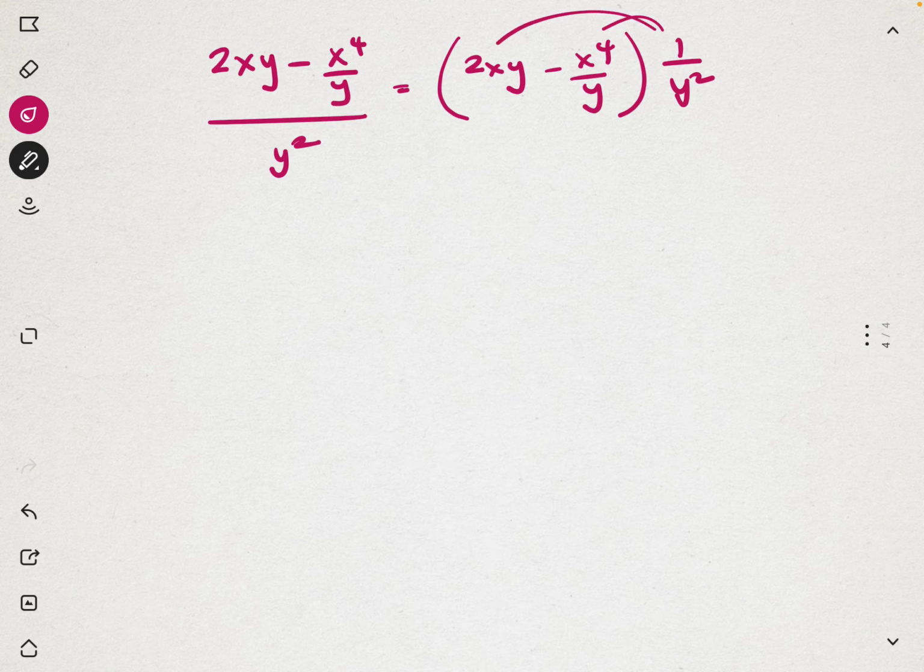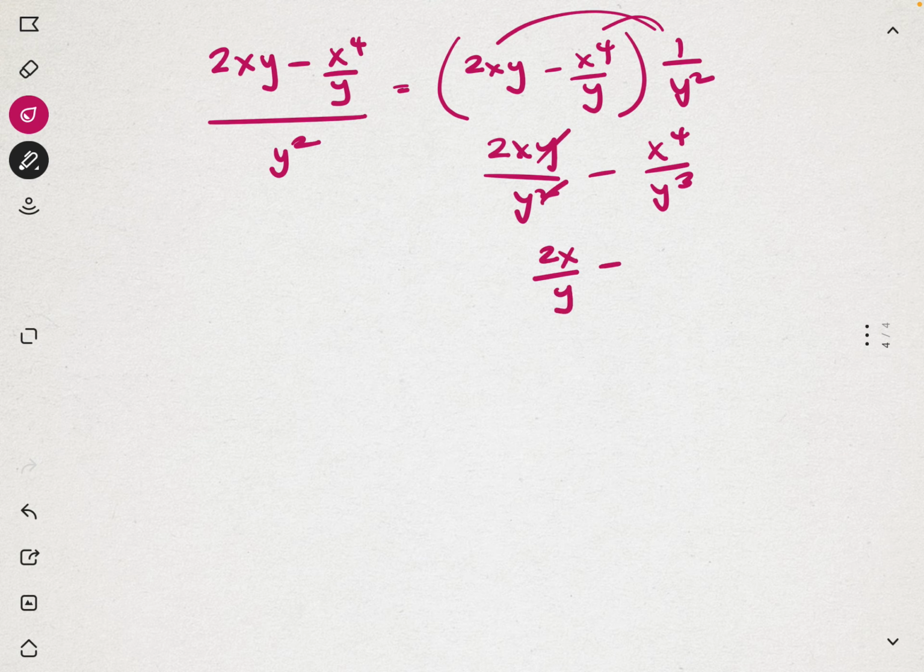And then we're going to distribute, so we got 2xy over y squared minus x to the fourth over y cubed. And then we might as well cancel one of the y's in the top with one in the bottom in the first term. So we have 2x over y minus x to the fourth over y cubed. And this would be our second derivative.